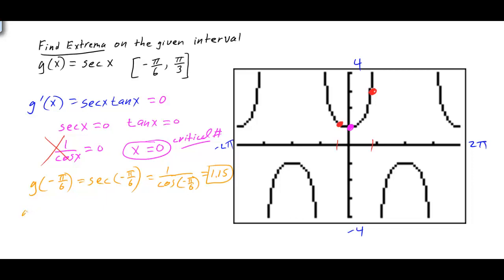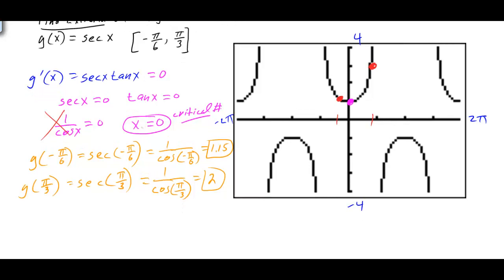And the other endpoint, g of pi over 3, means we're going to take the secant of pi over 3. Once again, you could look on the unit circle, or we could take 1 over the cosine of pi over 3. And you're going to end up with 2.